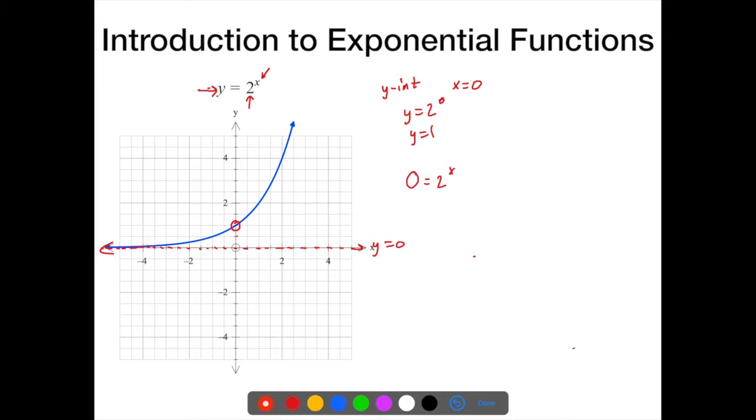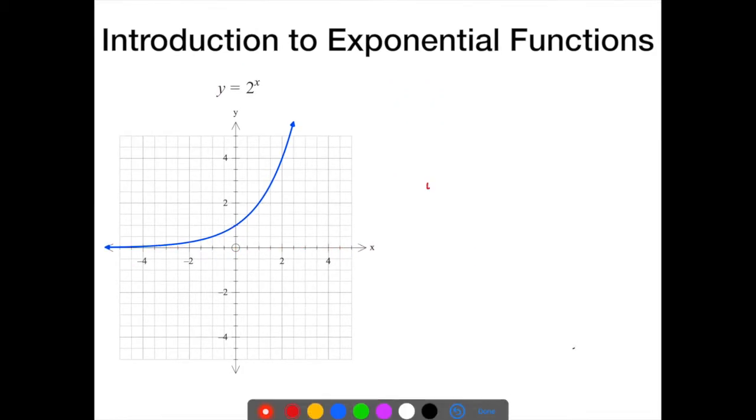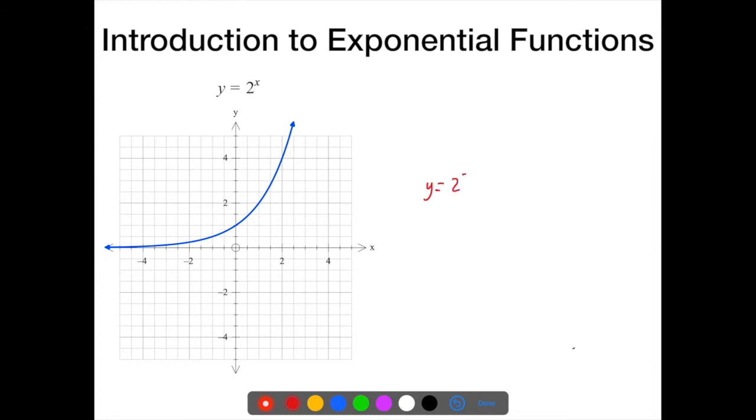Go ahead, think as long as you want. You won't be able to come up with anything, right? Even if I put a negative value in for x, if I go y equals 2 to the negative 1, remember what a negative value does is it can flip the fraction. And so this can become y equals 1 over 2 to the positive 1, which is 1 over 2, which is just a fraction. It doesn't ever become 0, and it won't ever become negative.